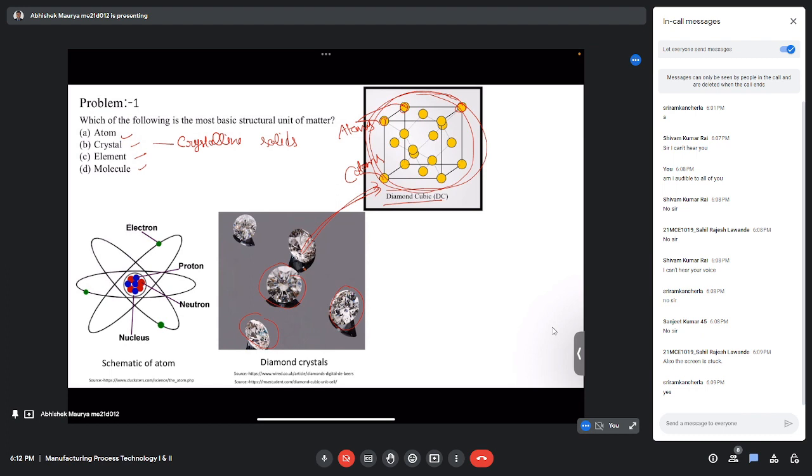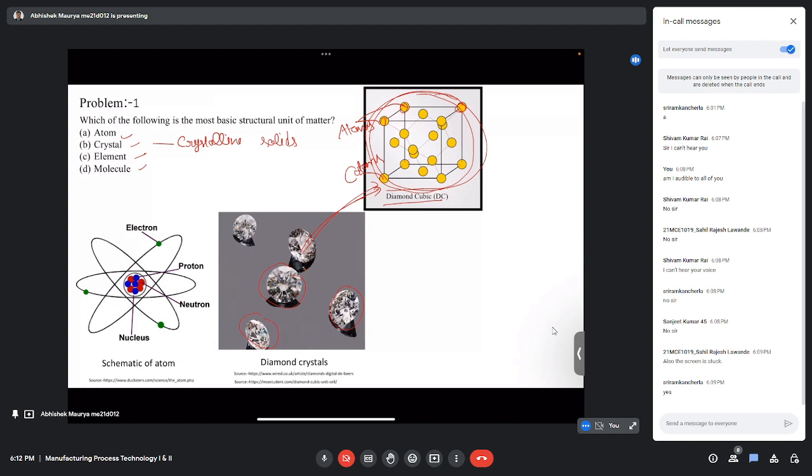All of them are different elements, but each is made up of the same kind of atom. If we say gold is an element, it means it is made up of lots of gold atoms, only pure gold atoms. So that is the element.